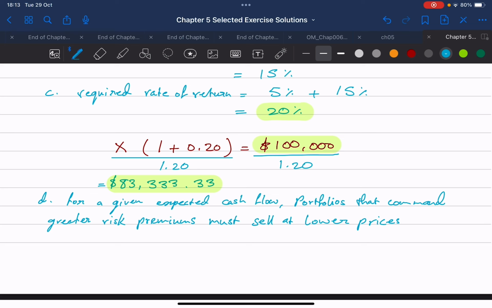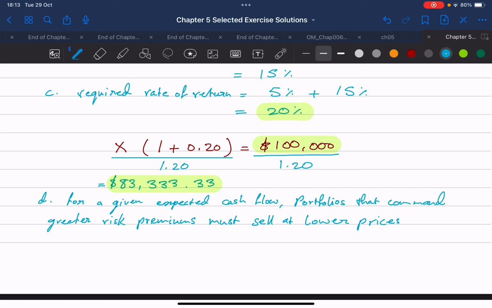Why is that the case? Because for an investor, the risk premium is a compensation for the risk that they are willing to take, right? And depending on their risk tolerance, if they are more leaning towards risk avoidance, okay, they would most likely require higher rates of return to compensate them for the same level of risk.